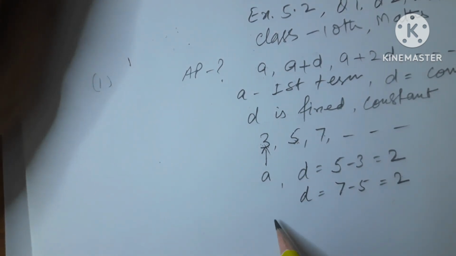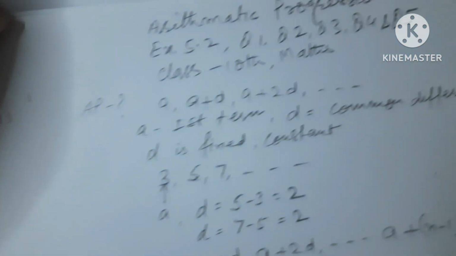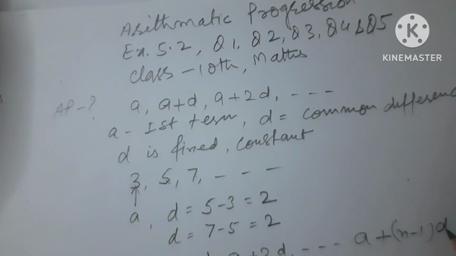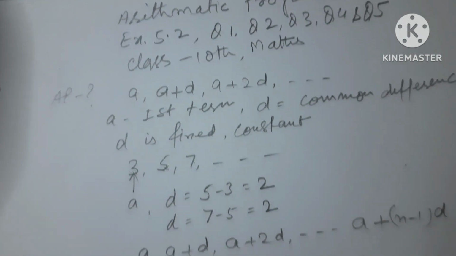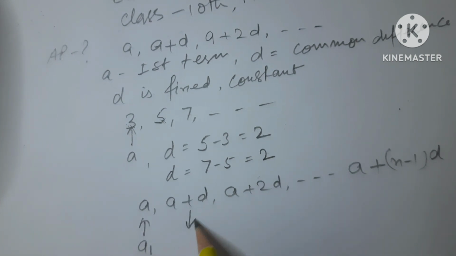So if we write general terms like a, a plus d, a plus 2d, and so on, the general term would be a plus n minus 1 into d. So this is your first term a1. This is your second term a2.